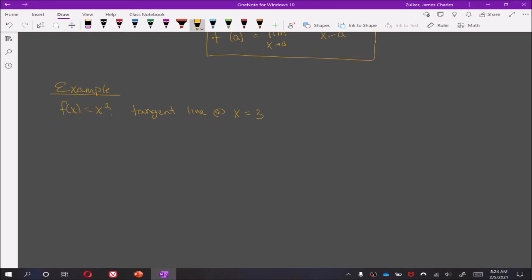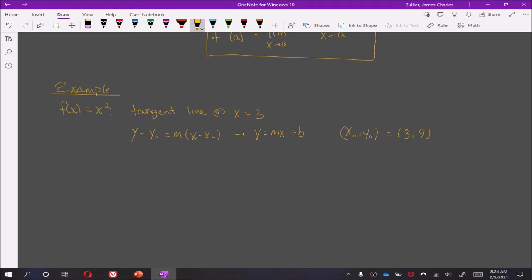We're going to use point slope form so that we can write it in slope intercept form. So the point we're going to be using, x naught, y naught, is 3 comma 3 squared, which is 9. Now we just need to find slope, and now the slope is the slope of the tangent.